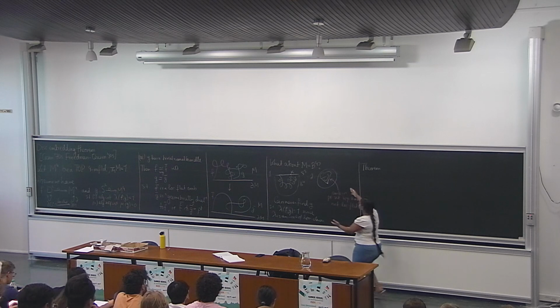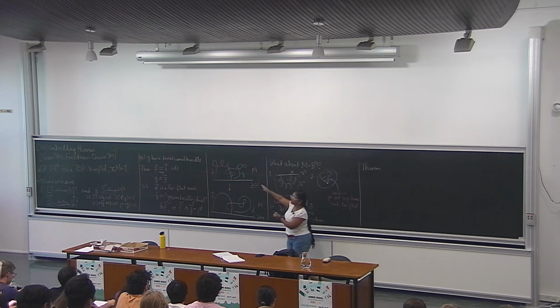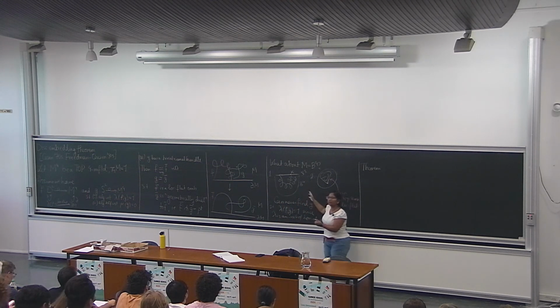All right, so I spent some time telling you why you can't apply the disk embedding theorem to slice knots in B4.